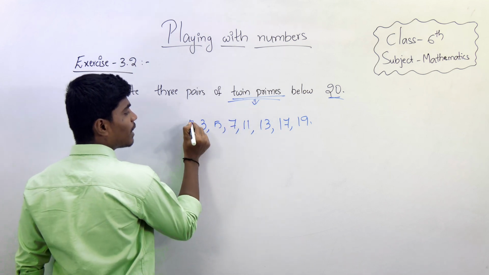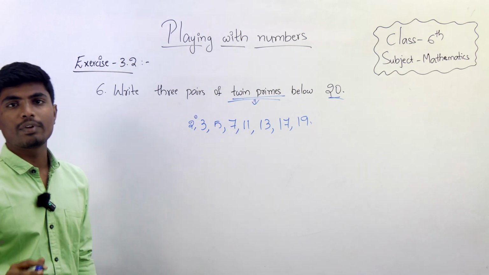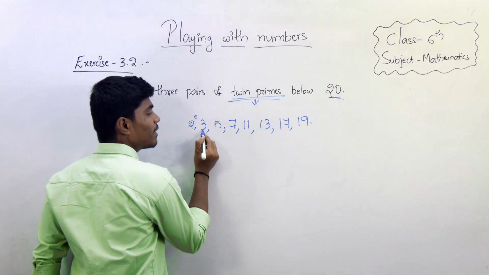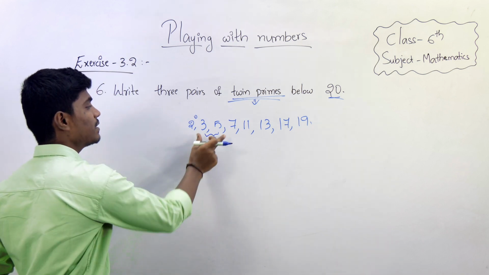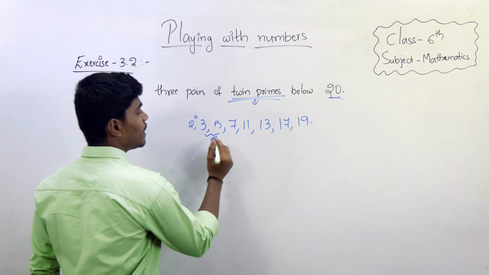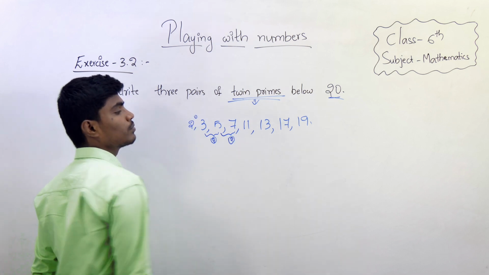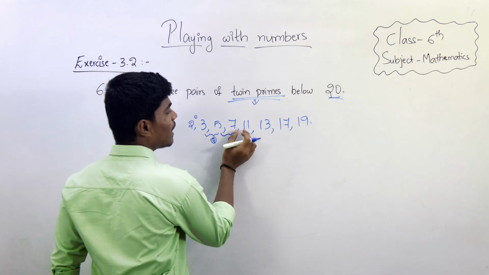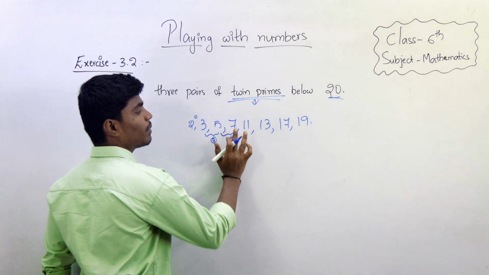If you observe, the difference between 2 and 3 is 1. So 2 and 3 are not twin primes. Now let's take 3 and 5. The difference is 2. So 3 and 5 are twin primes. See here, 5 and 7. The difference is also 2. Okay, now 7 and 11. The difference is 4. So these are not twin primes.